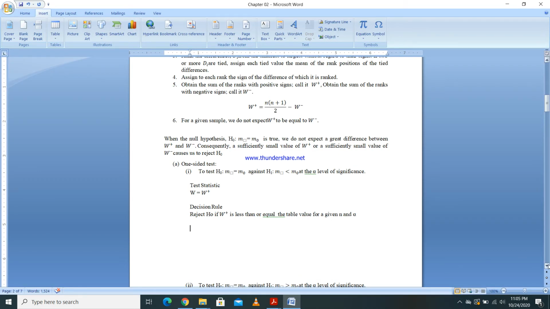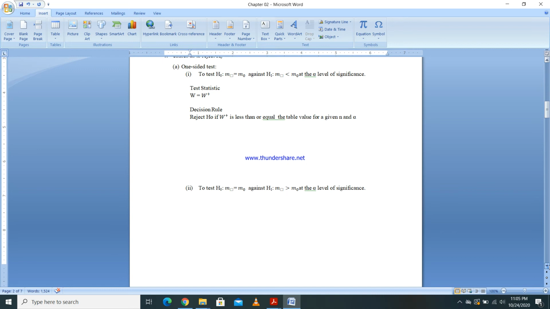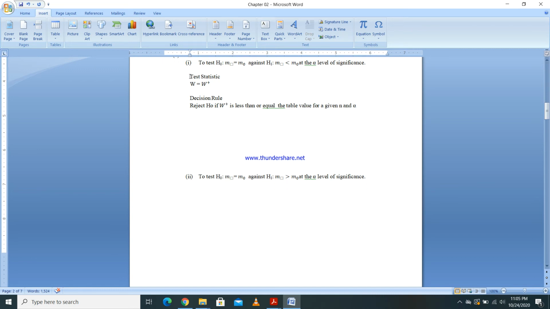So that's what we do when it comes to the Wilcoxon sign rank test. What will happen if we have the one-sided test the other way around, that is, our alternative is that the median is greater than a given median value?